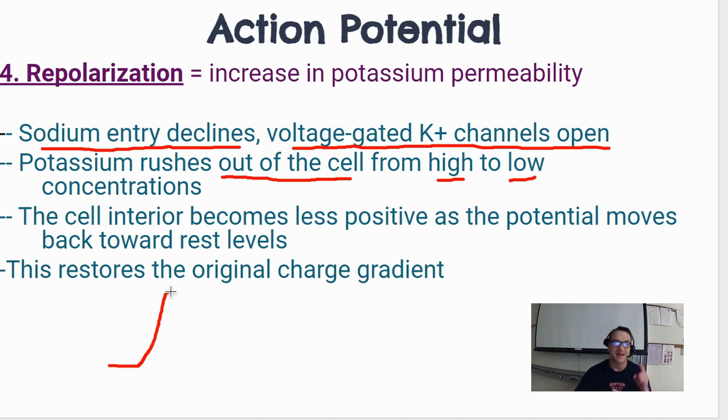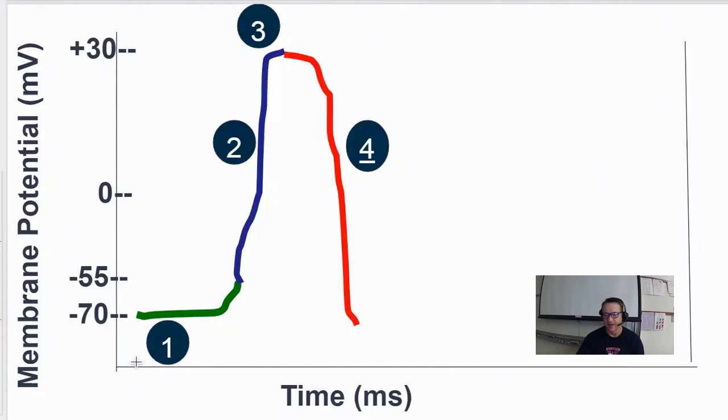And since potassium has a positive charge, it moving out of the neuron is going to bring it back down. It's going to repolarize the neuron. And it actually is going to go even below negative 70 for a brief moment. That's called hyperpolarization, before the sodium-potassium pumps kick in and get it back to that resting membrane potential of negative 70 millivolts.